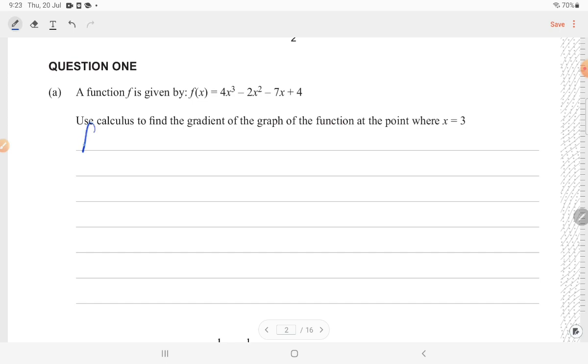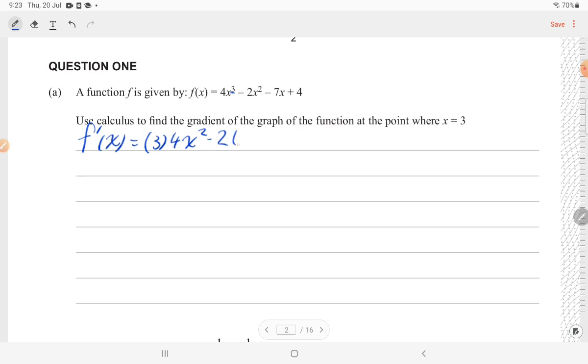So to differentiate, we take the power, we bring it down, we keep the 4x, then take 1 off the power, which is 3 times 4x squared, and repeat the process. Take away 2, we bring the 2 down.